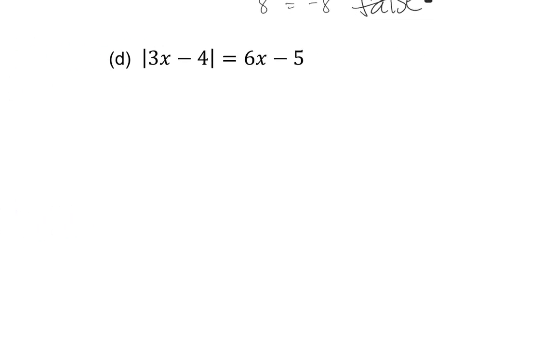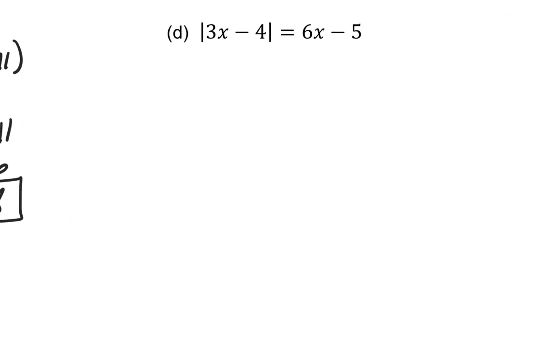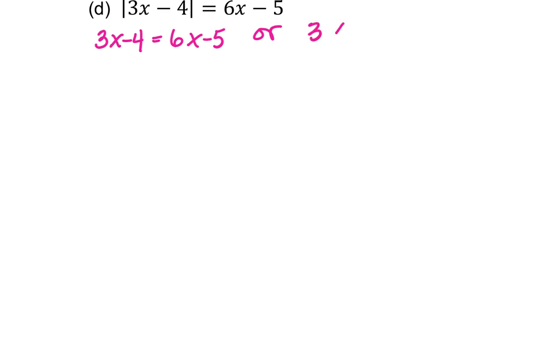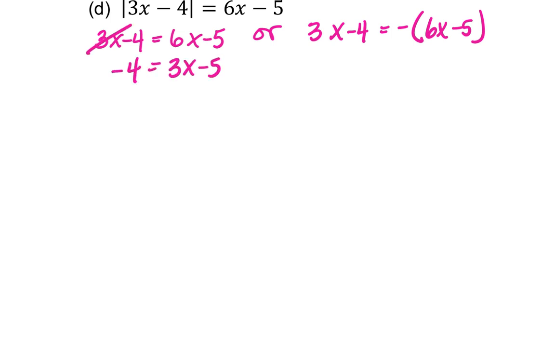All right, let's look at D. So I've got 3x minus 4 equals 6x minus 5, or 3x minus 4 equals negative 6x minus 5. But your parentheses have to go around that second part. Actually, I'm just going to go ahead and solve this one. There's no parentheses. I'm going to subtract 3x, and I get 3x minus 5. Then I'm going to add this 5 over here.